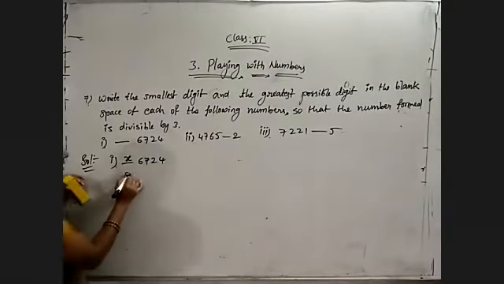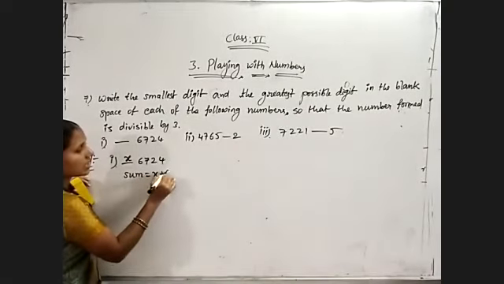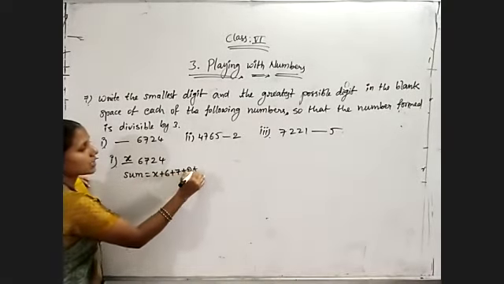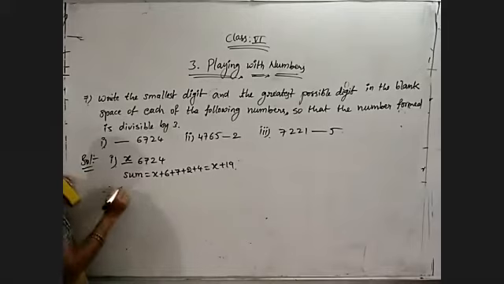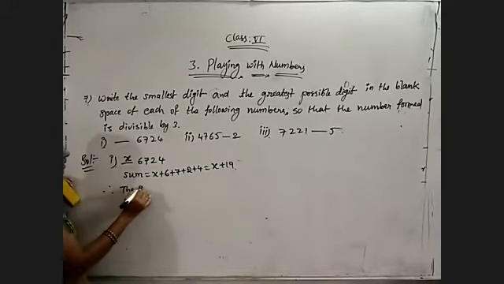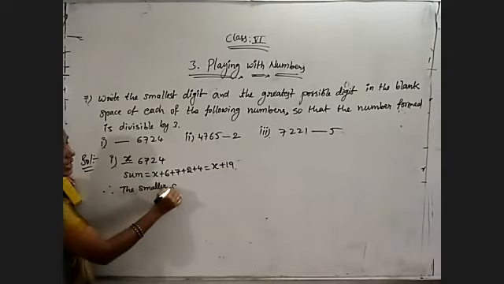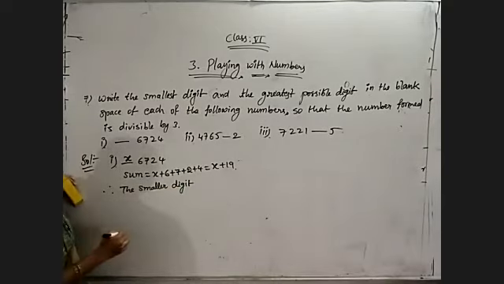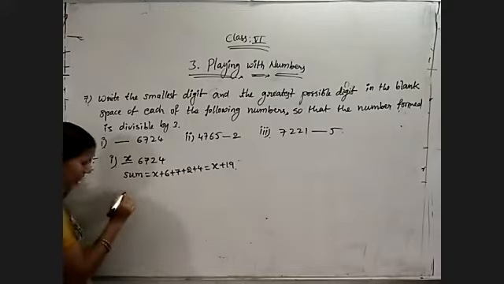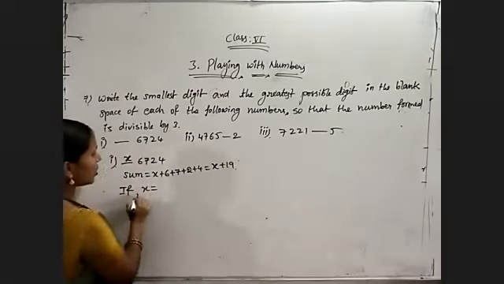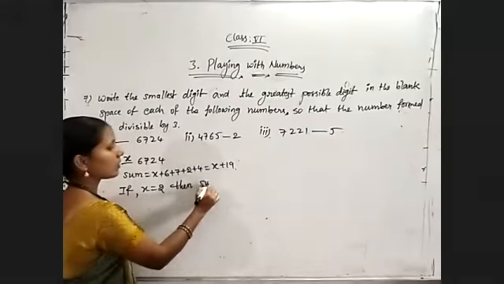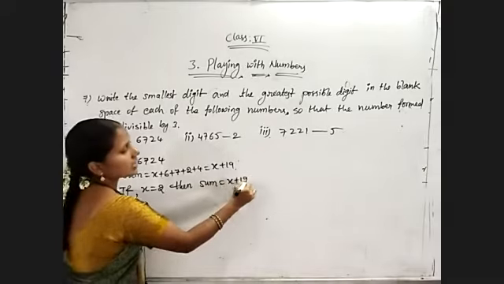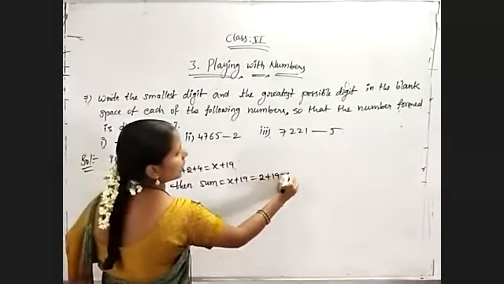So the sum of the given digits is equal to x plus 6 plus 7 plus 2 plus 4, which is equal to x plus 19. Therefore, for the smaller digit, if x is equal to 2, then the sum is equal to x plus 19, which is 2 plus 19 equal to 21.